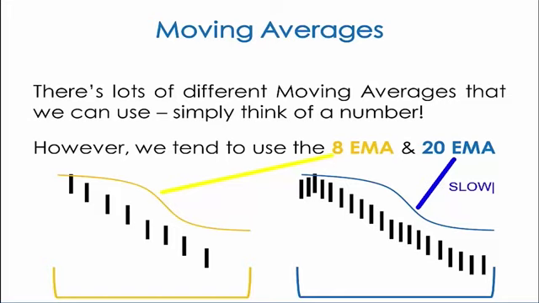It takes more time to move because it's looking at more bars. Then the 8 moving average, we refer to as the fast moving average. Because there are fewer bars being averaged, it moves faster. So fast, slow: the 8 moving average is fast, the 20 moving average is slow. And smart charts will draw them in that gold yellowy colour and also the blue as well.